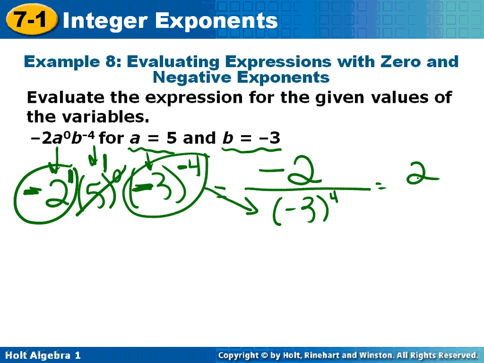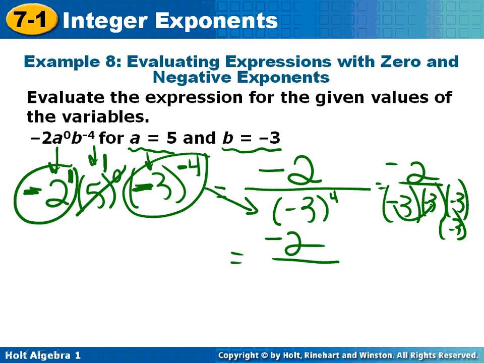So that would be negative 2 over negative 3 times negative 3 times negative 3 times negative 3, which is negative 2 over 3 times 3 is 9, times 3 is 27, times 3 is 81. The 81 is positive because we have 4 negatives multiplied together, which turn into a positive.